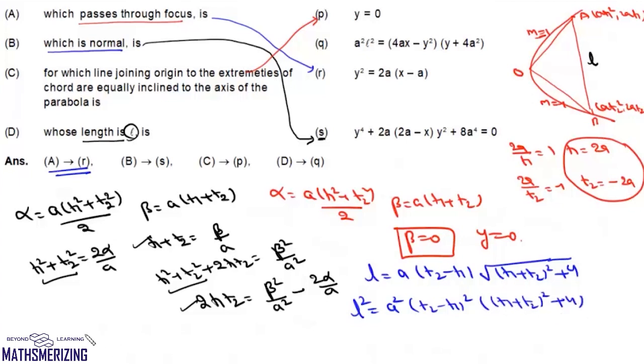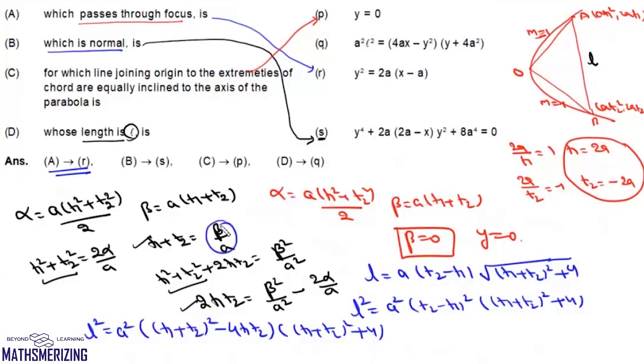So we can write this equation as L square is equal to a square. Now (t1 minus t2) whole square, we can write as (t1 plus t2) whole square minus 4 t1 t2, and here it will be (t1 plus t2) whole square plus 4. t1 plus t2 is nothing but beta upon a.